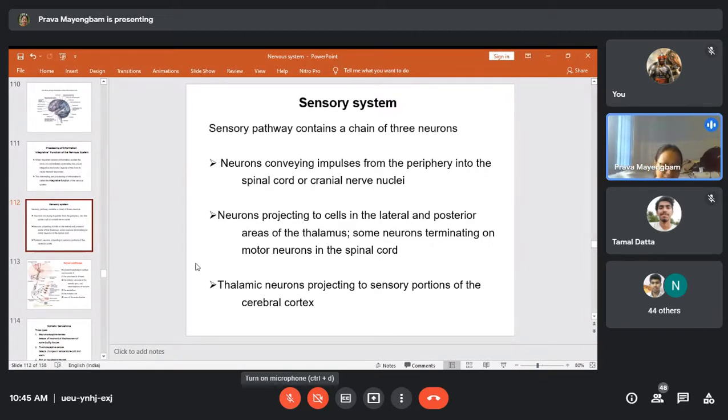That means how the sensory signal and the motor signal coordinate with one another. That is the integration of the nervous system.